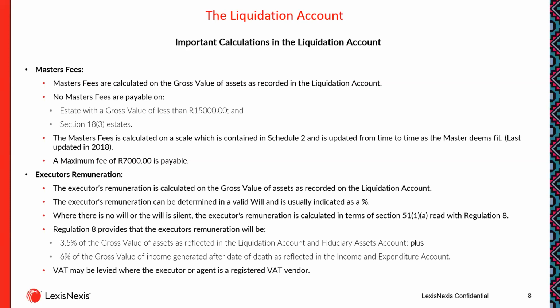So master's fees, firstly, are calculated by taking the gross value of our assets as recorded in our liquidation account. And we then use a sliding scale, which is contained in Schedule 2 and is updated by the master as the master deems fit. The last update done by the master was in 2018. So depending on the value of the estate, different master's fees would apply.